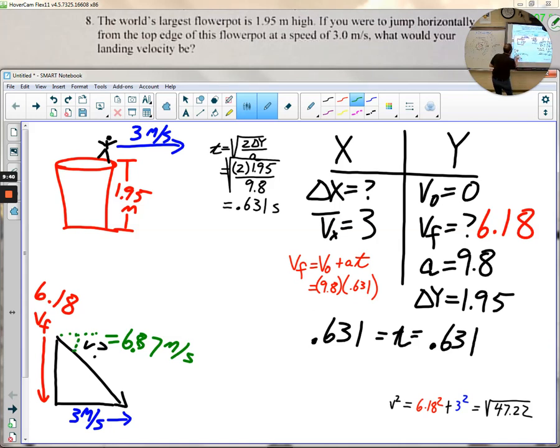So this angle here would be the same as this angle down here, right? Because opposite interior angles are congruent. So then this is going to be opposite. This is going to be adjacent. So we're going to say for our theta down here that the tan of theta is going to equal 6.18 over 3.